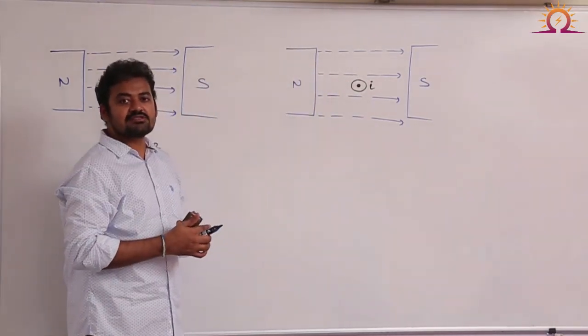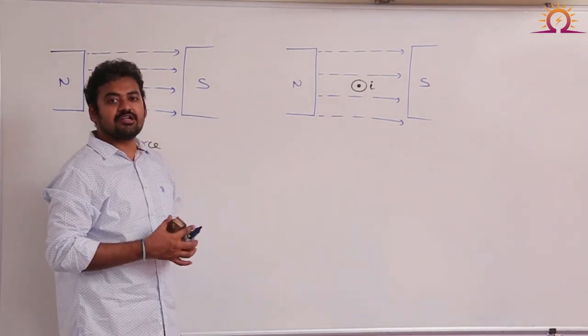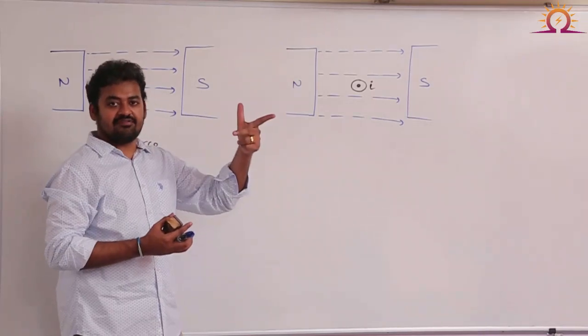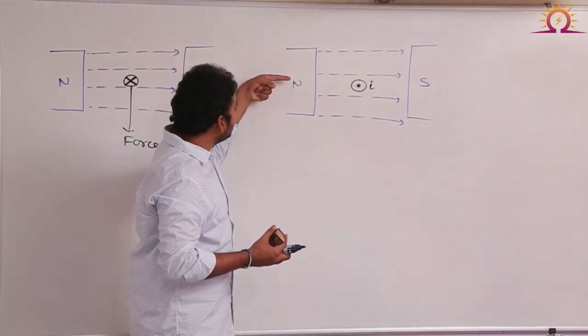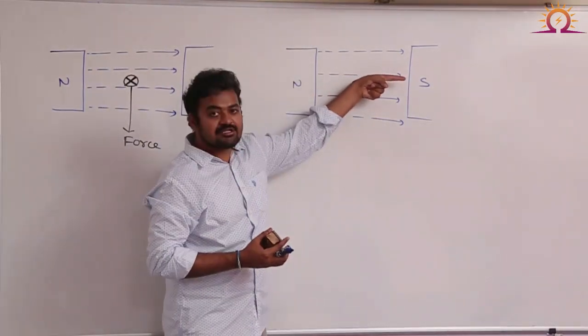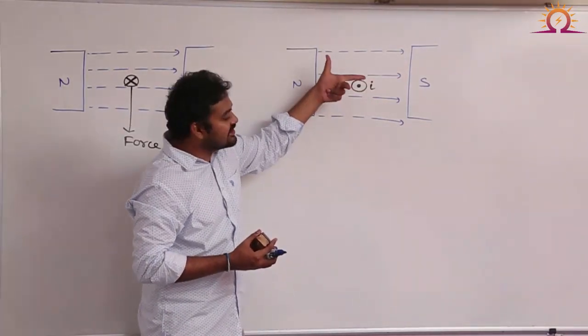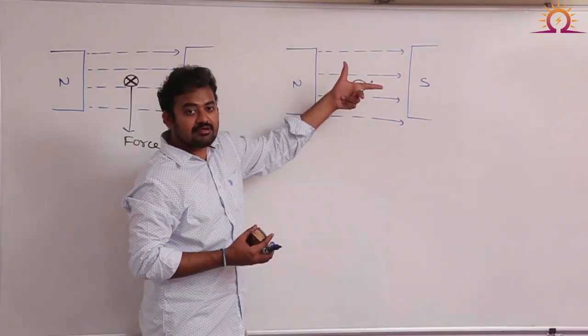If current is out of the plane, how to identify the direction of a force acting on that conductor? Again, left hand rule. North pole to south pole, the point finger shows the direction of magnetic field. My central finger is showing the current out of the plane.